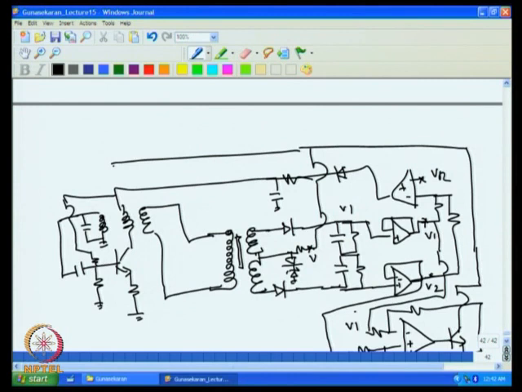This we already discussed in the earlier current transmitter design, but nevertheless we can do it again: you can have this and then put the regulator at this point. So what can be done is we can have a follower here, and then the error amplifier can be added at this point.